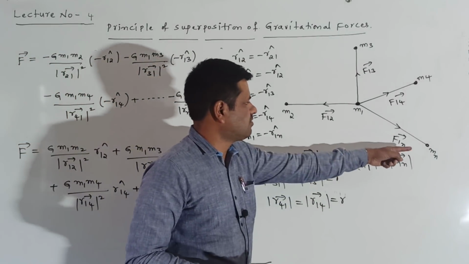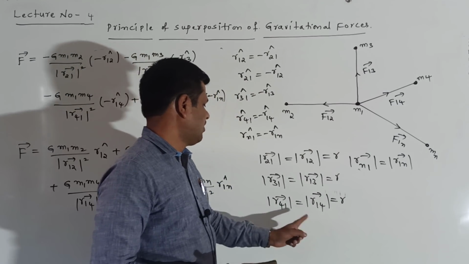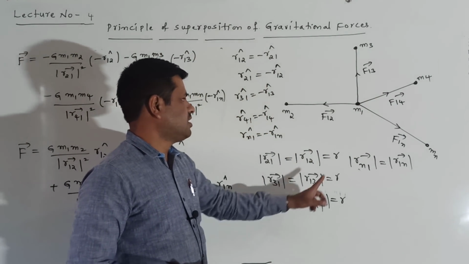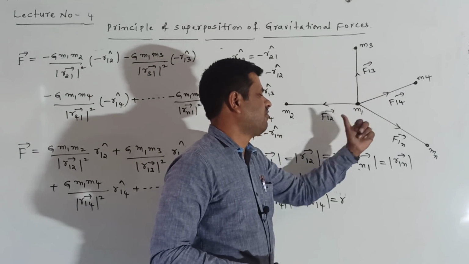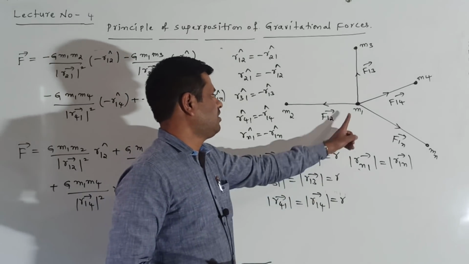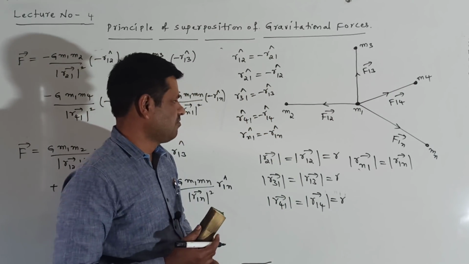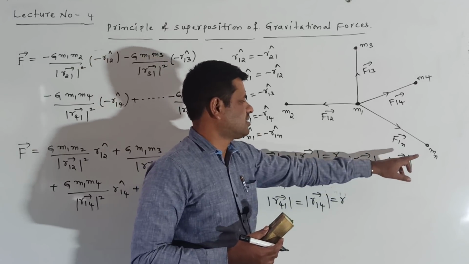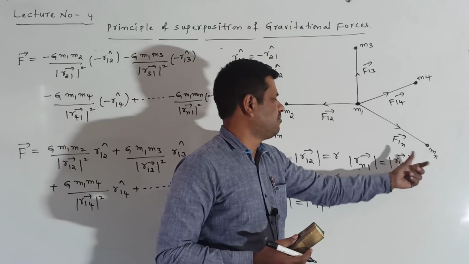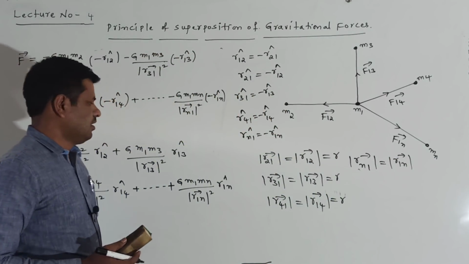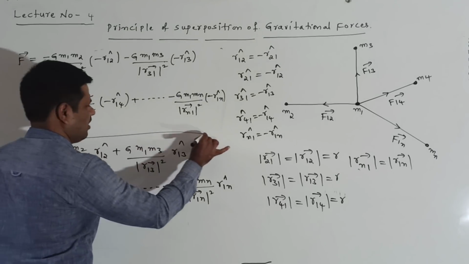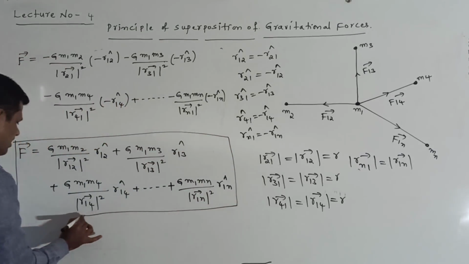R41 is the distance from M4 to M1, R14 is the distance from M1 to M4; that distance is also the same. Similarly, Rn1 means the distance from Mn to M1, R1n means the distance from M1 to Mn; that distance is also the same. Here the final resultant force is acting on the mass M1.